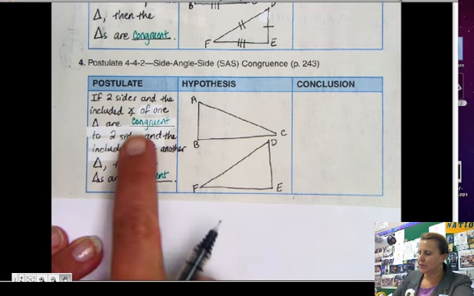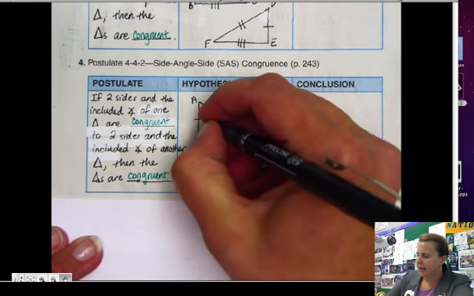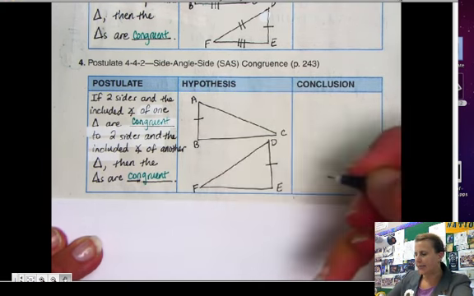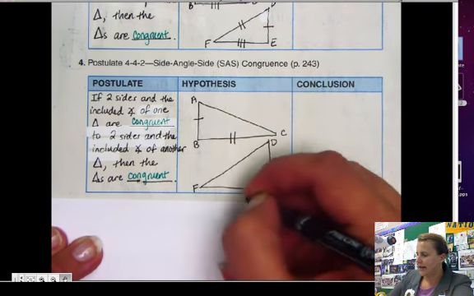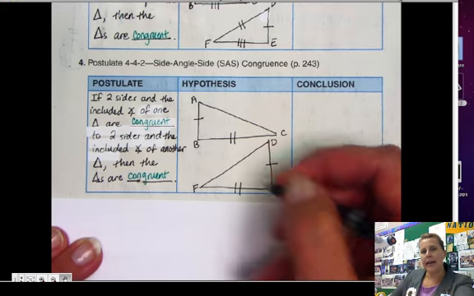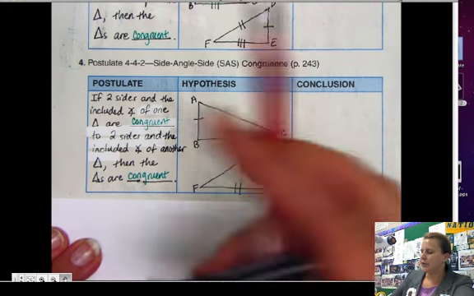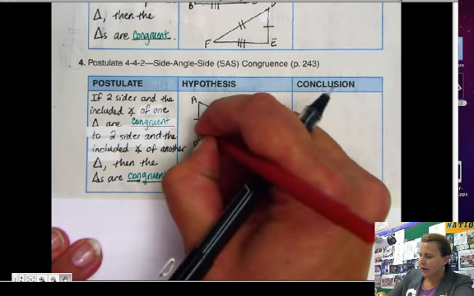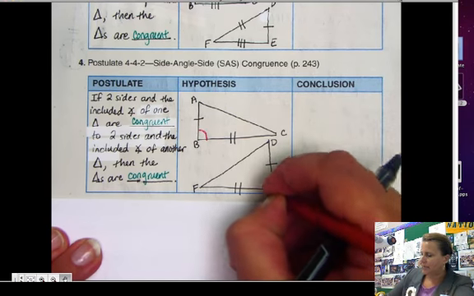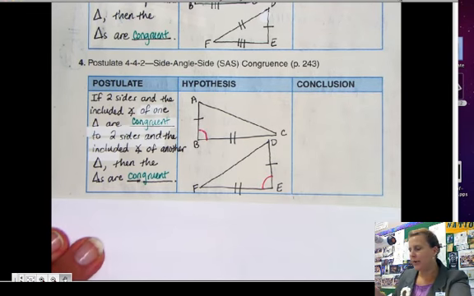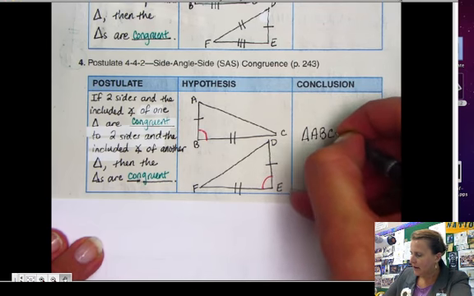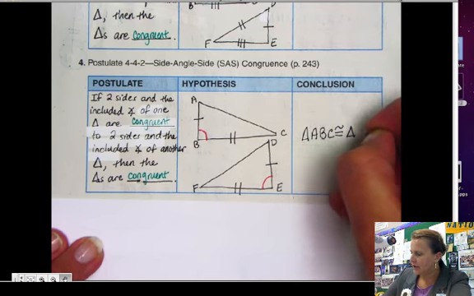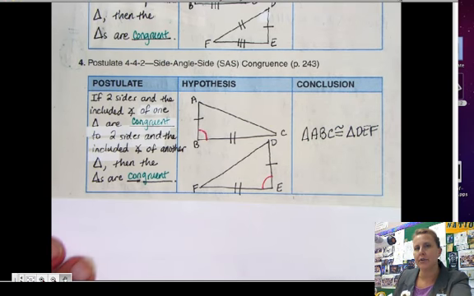So if we say AB and DE are congruent, BC and FE are congruent, and also their included angle, angle B and angle E, is congruent, then I know that triangle ABC is congruent to triangle DEF because of side, angle, side.